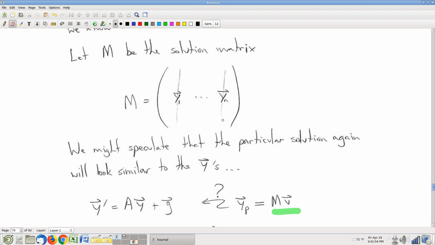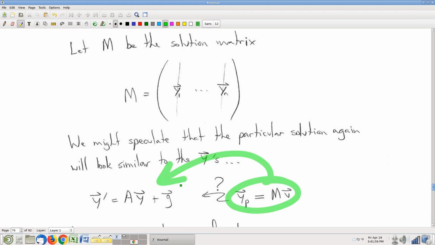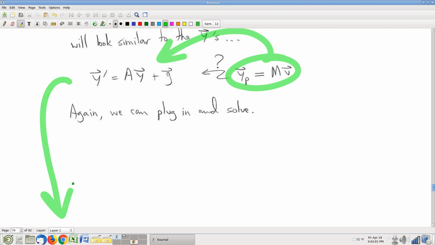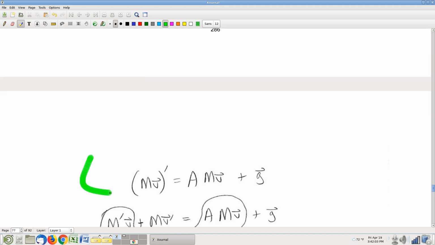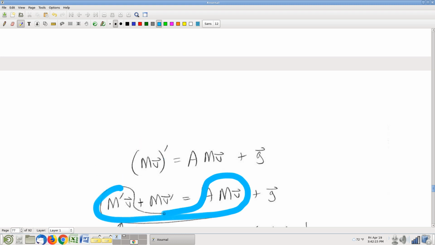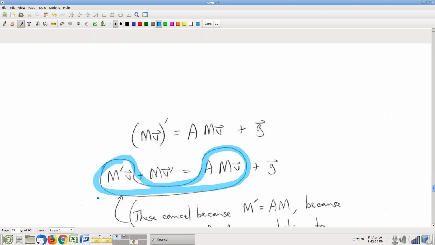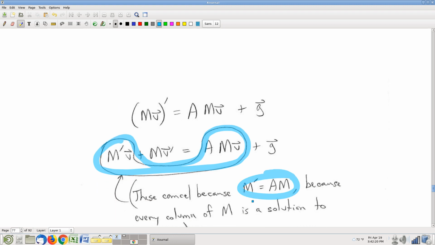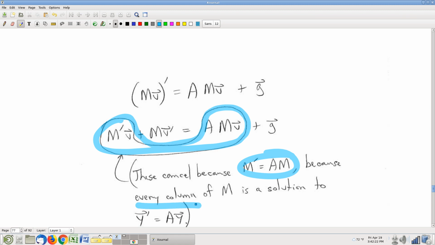Okay. So we'll take this, plug it into there, see what the equation becomes. It becomes this. You'll notice the pattern. Here's that product rule thing again. You'll recognize here's the previous, we already knew that M prime was equal to AM. We already talked about that because one column at a time. That just works. So in some sense, there's our old equation that we already had balanced.